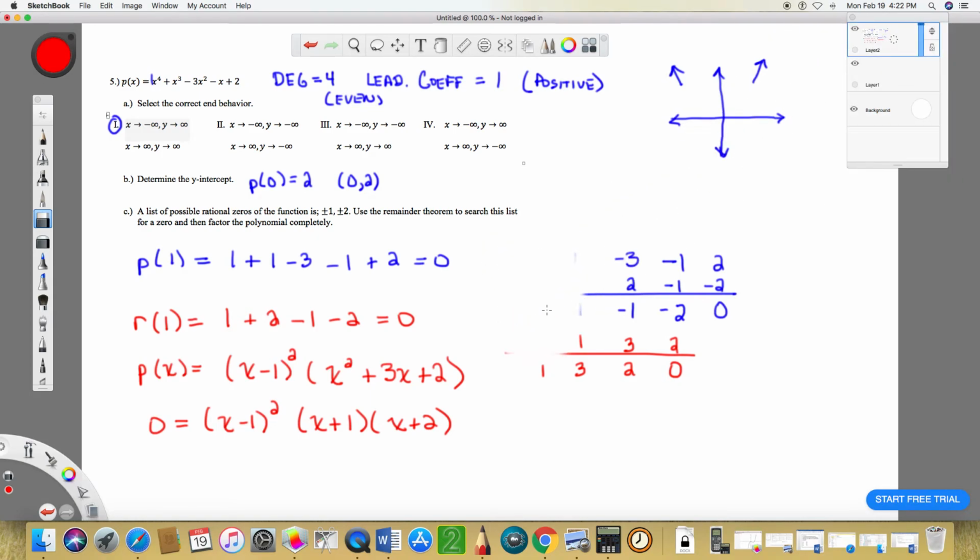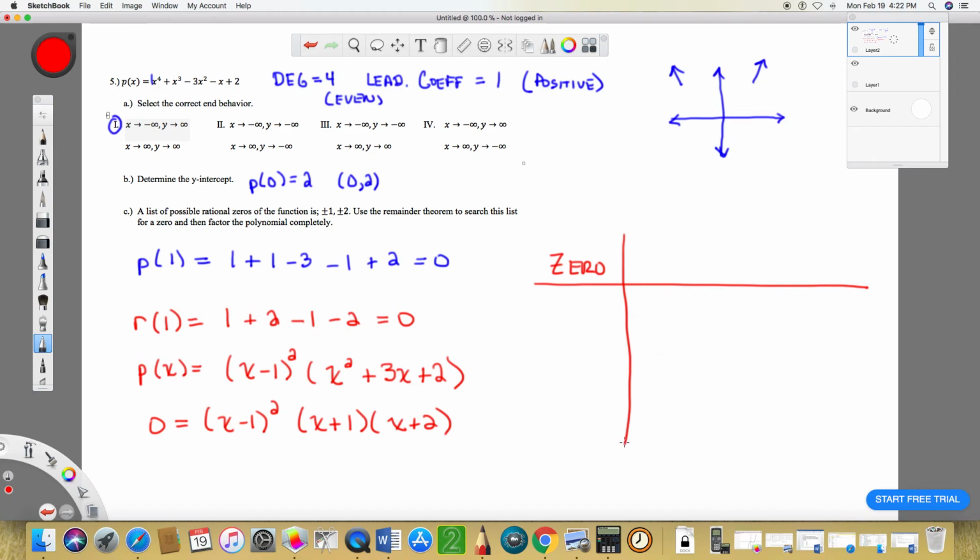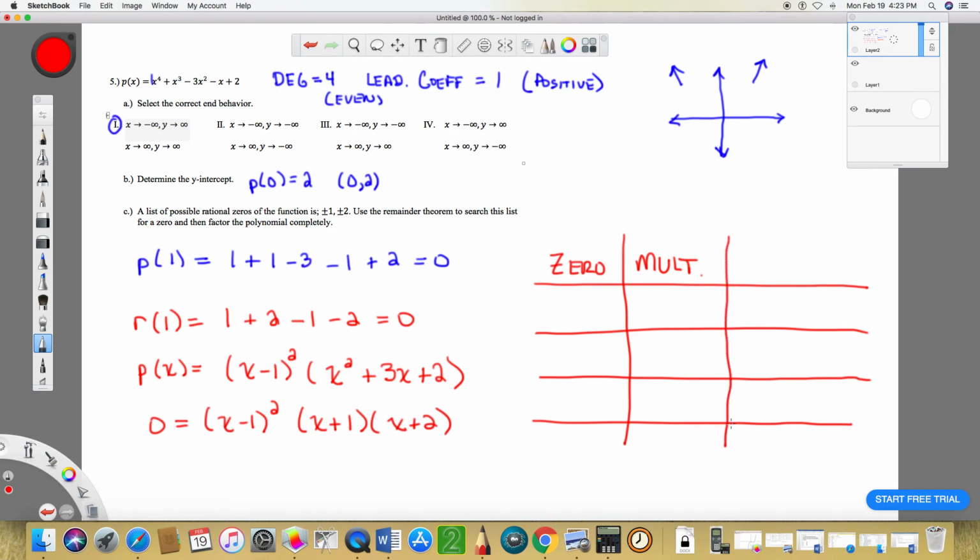All right, so I'm going to erase this over here for room for my table. A table is just a nice organized way to present our information. So we have a 0 at 1 that has a multiplicity of 2, and that means that it's doing a touch and turn on the x-axis.